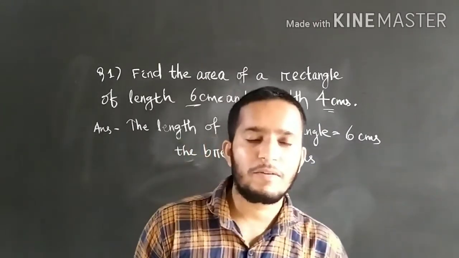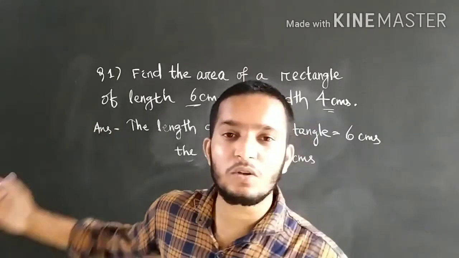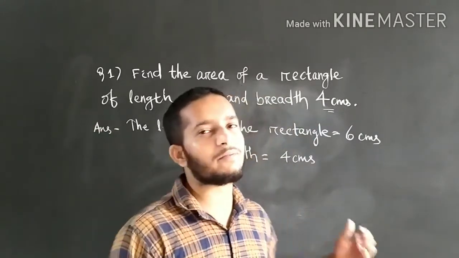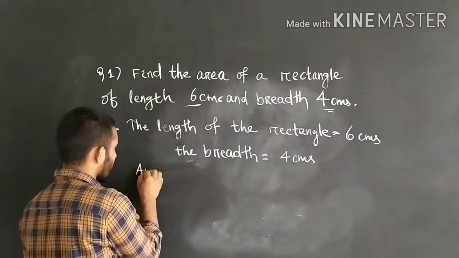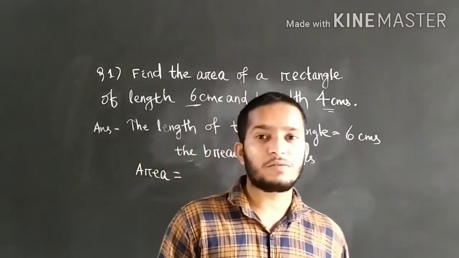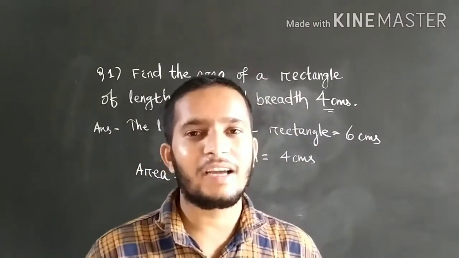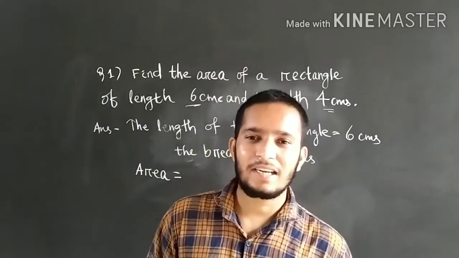Now what will we find? What is asked in the question? In the question the area is asked, and we will find the area. Let's start. You know I have told the formula to find the area of a rectangle. Let's recall it.